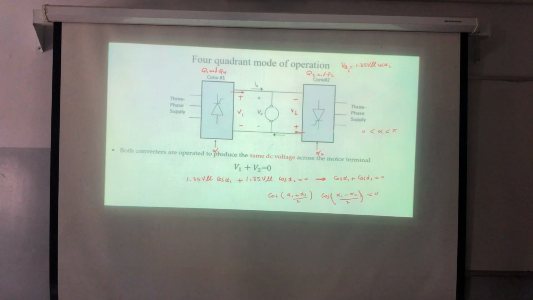And alpha 2 is what? The same, between 0 and pi. Correct? So now this means here, alpha 1 minus alpha 2 over 2 is impossible to equal to 0.